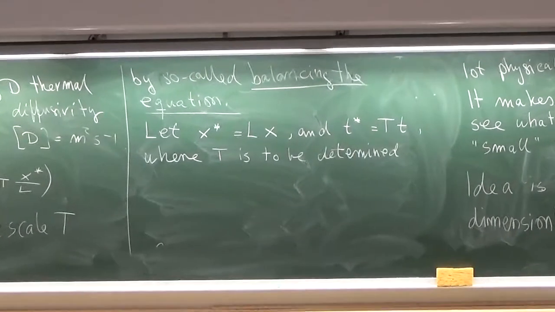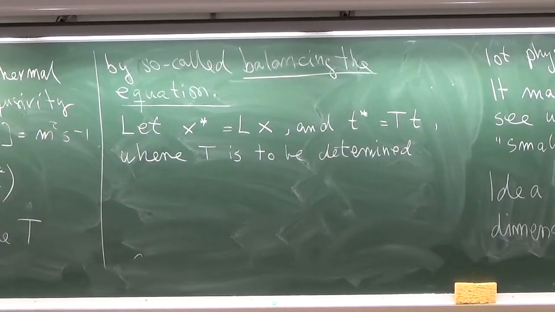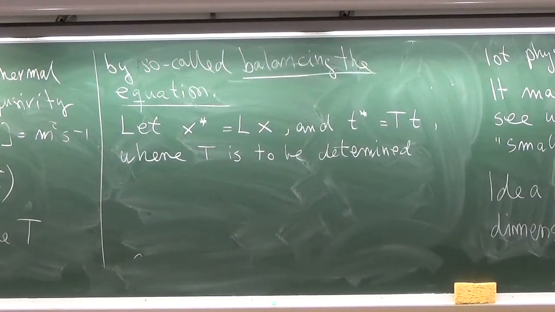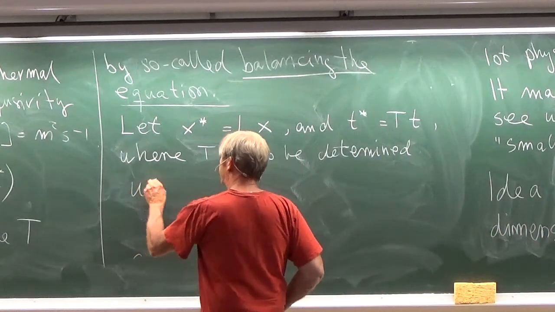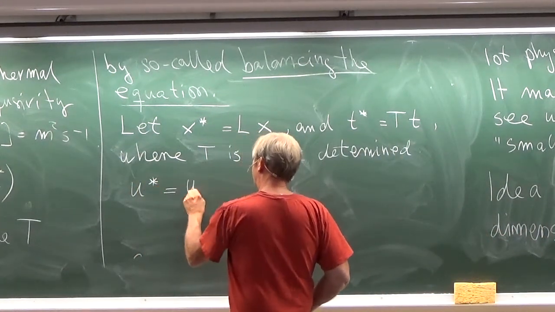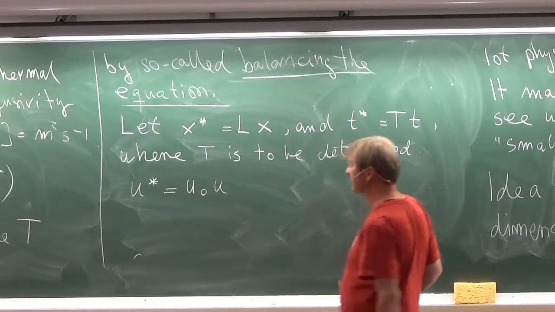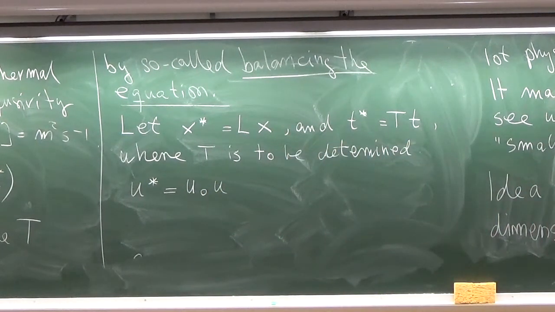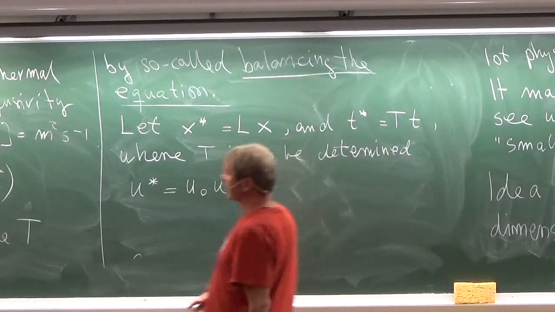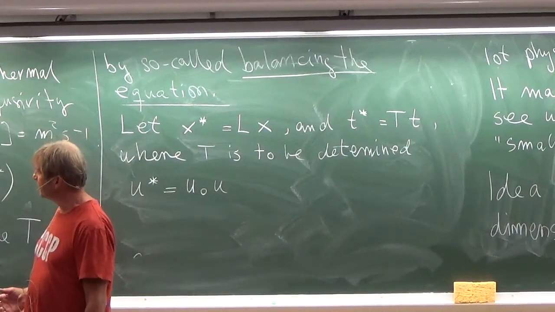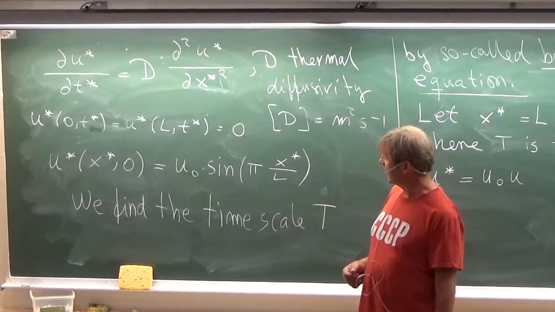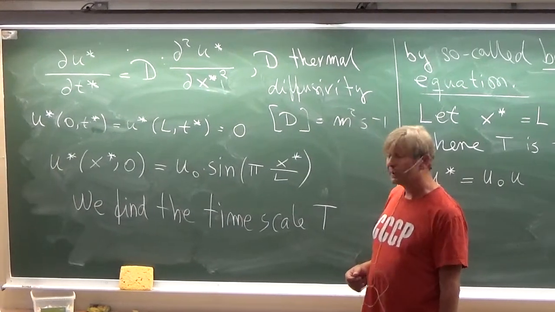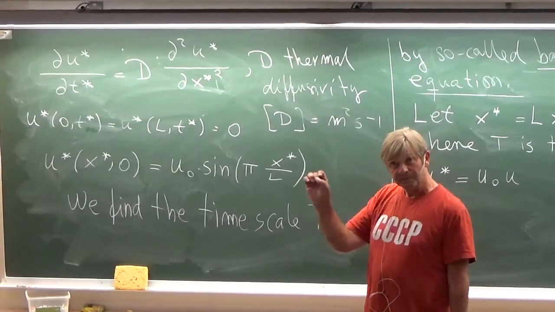That's when we are in the middle of the rod. So if I put u star equal to u naught times a dimensionless temperature, the dimensionless temperature would be a maximum of 1 when x star equals L divided by 2, when dimensionless length is equal to a half.